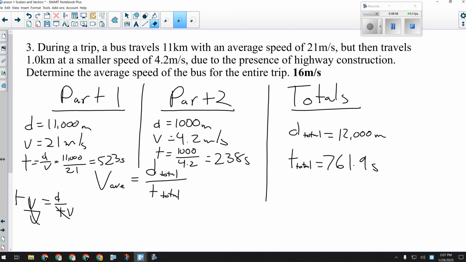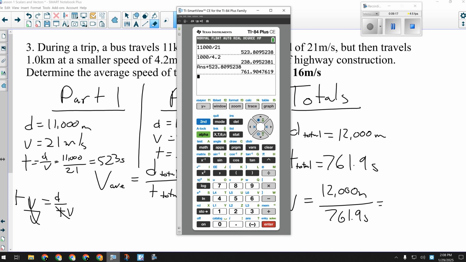Am I good now to calculate the average speed over the whole trip? I've got total distance and total time. So now it's just V equals D over T, 12,000 meters divided by 761.9 seconds. We'll keep all of our decimals there, so 12,000 divided by that number.